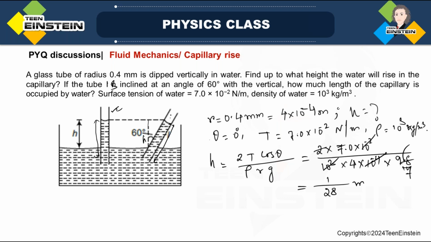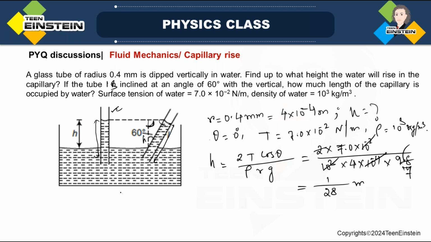Now if you tilt it, the liquid may go up to here, but in such a way that the vertical height remains the same. According to the figure, I can think of a right angle triangle. This is the right angle, this is the hypotenuse, this is the base, and this is the perpendicular.